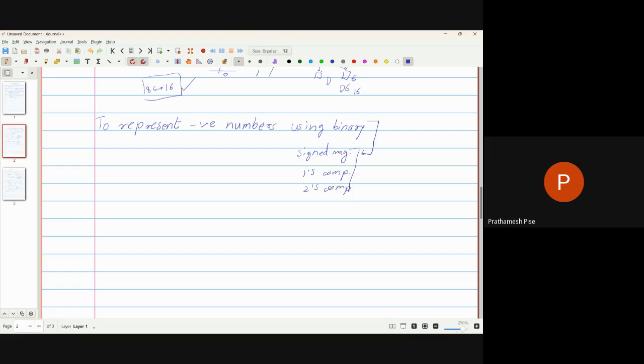These three that I know of. If there are any more, I don't know, but there might be. Humanly, we can just say this number is negative, right? But how can we say the same thing inside a computer? Because a computer cannot do this basic human thing. So first we are doing signed magnitude.